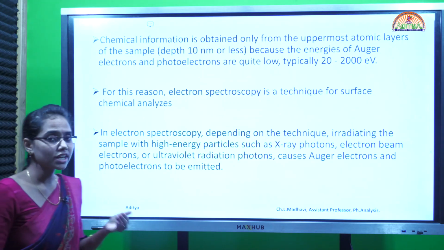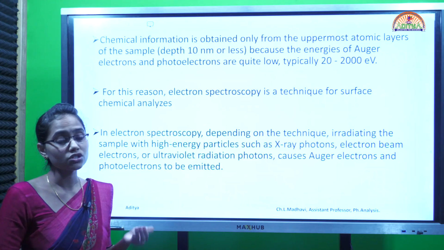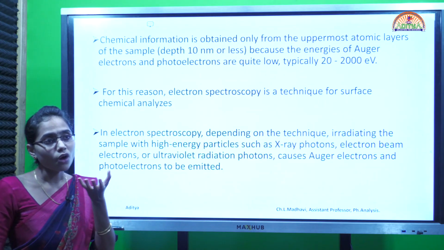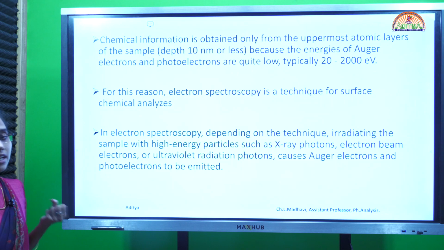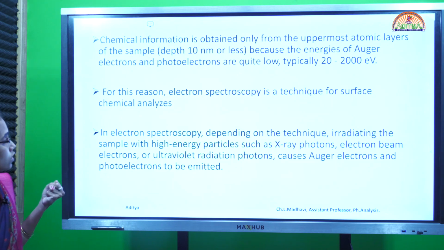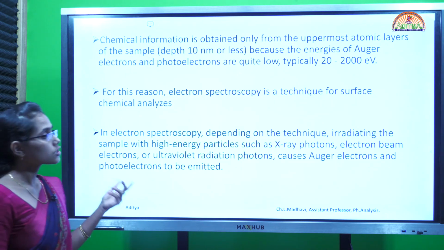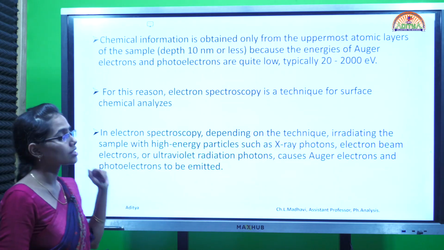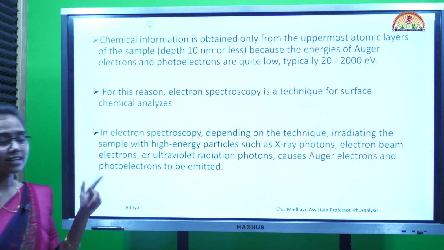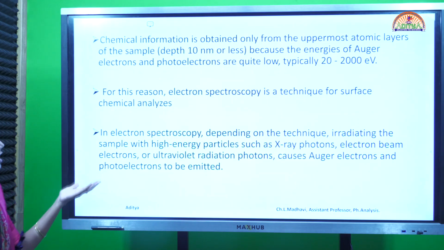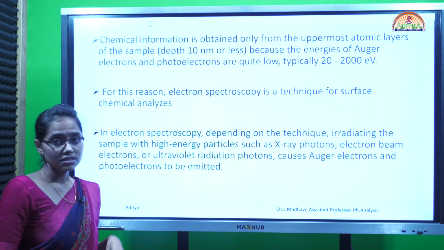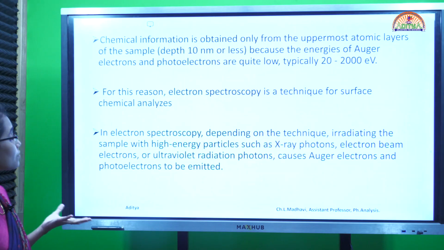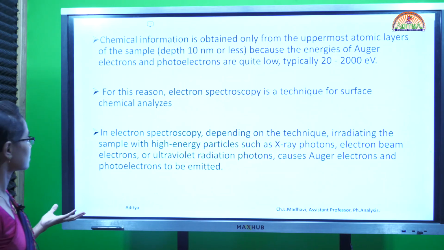Because of these lower energies, only the information from the outermost shells can be obtained. So electron spectroscopy is also given another name, surface chemical analysis, the technique used for studying only the surface of a chemical species.